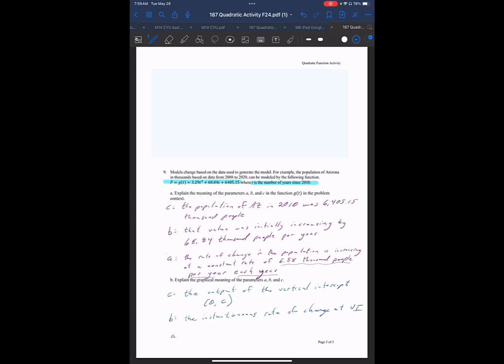And then A tells us that 2A, double A, is the constant rate of change of the rate of change. Or we could say the constant rate of change of the rate.